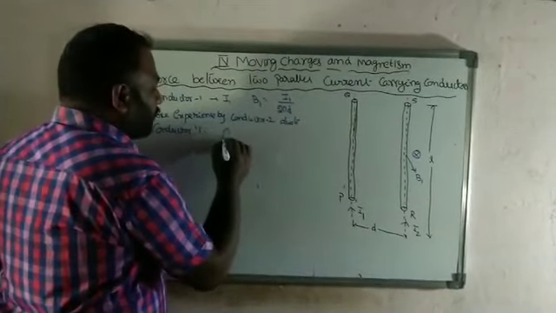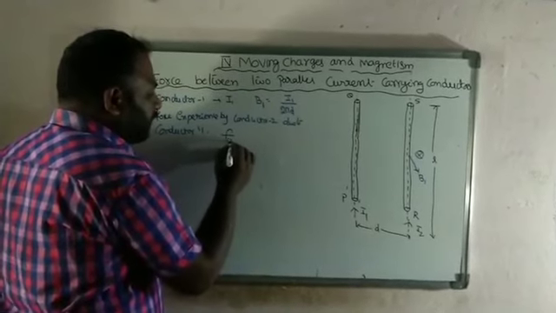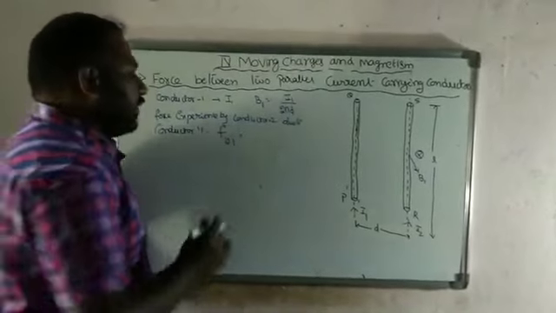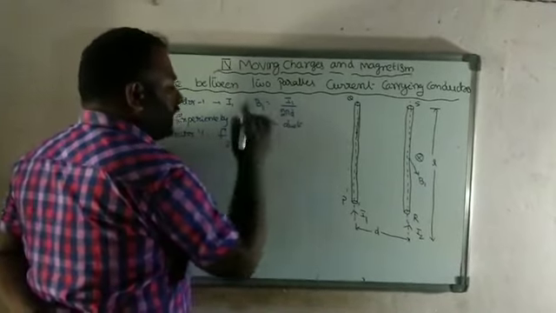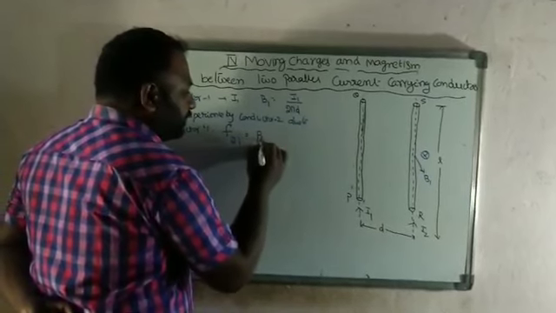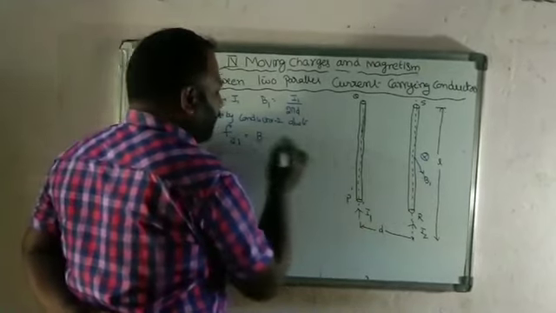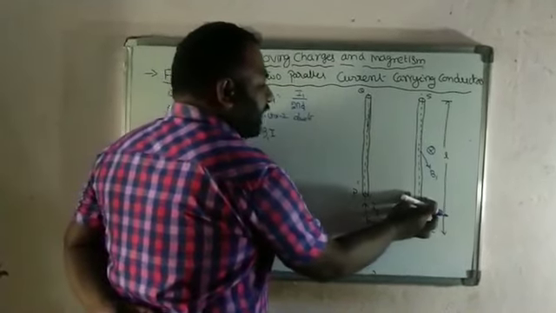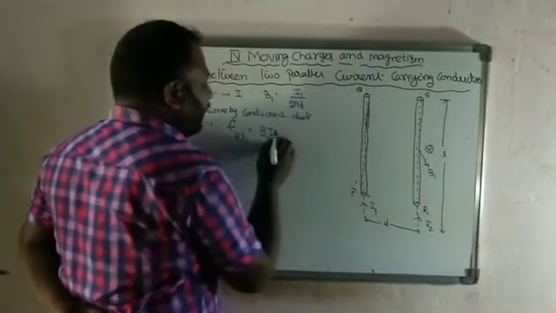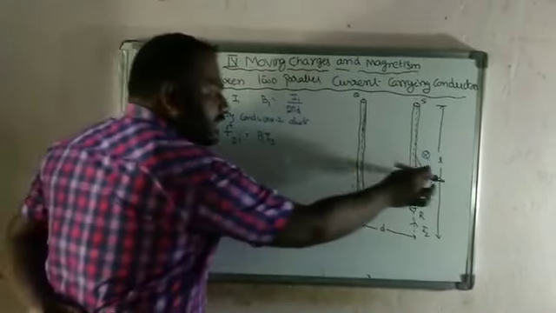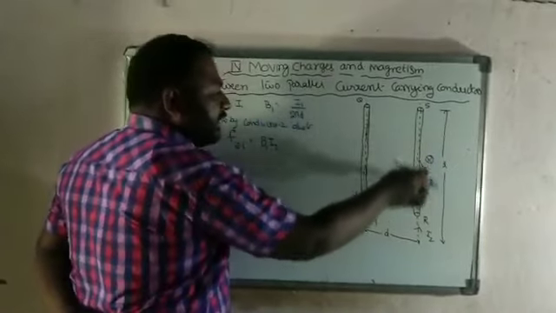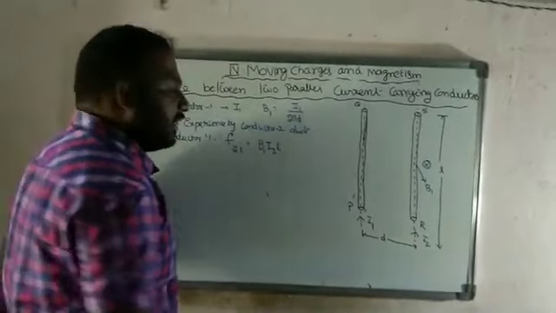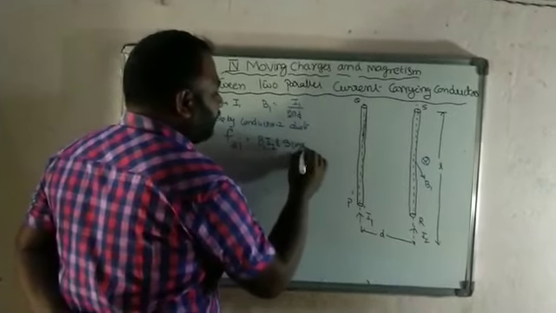The force experienced by conductor 2 due to field 1 is F21 equal to B I L sin theta. Here B is the magnetic field due to conductor 1, and the current in the second conductor placed in this field is I2, and the length of the conductor is L, so F21 is B1 I2 L sin theta.